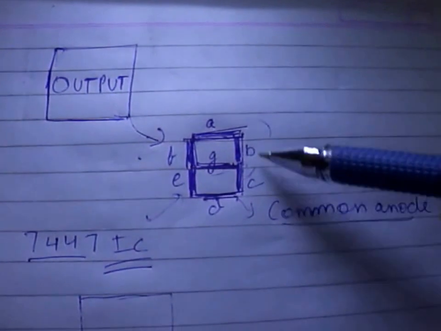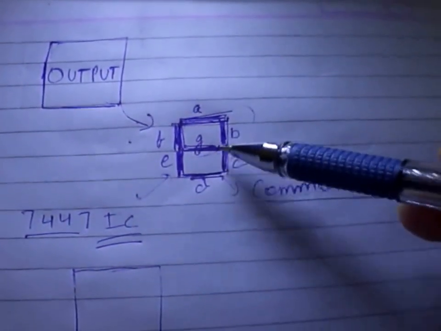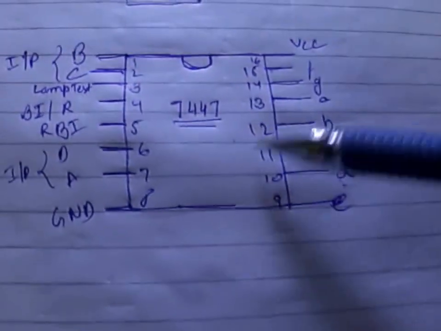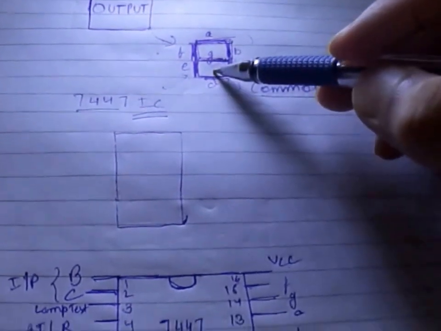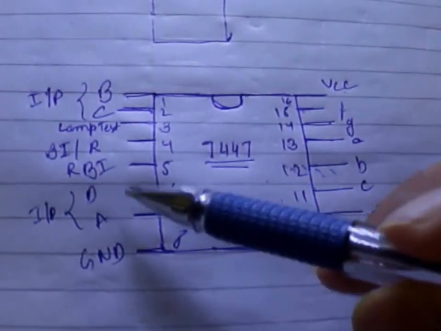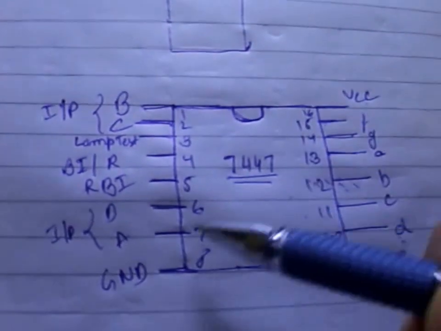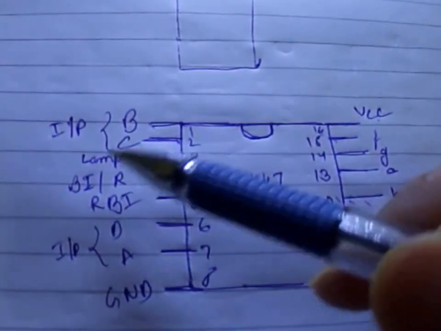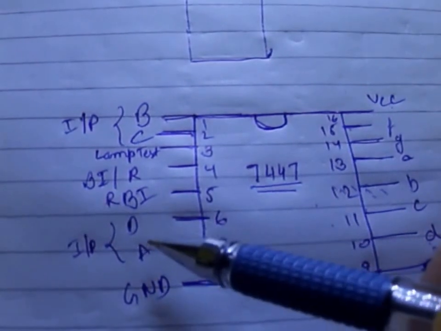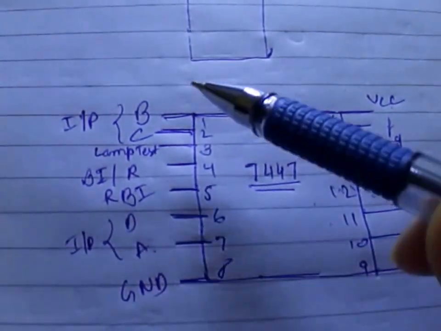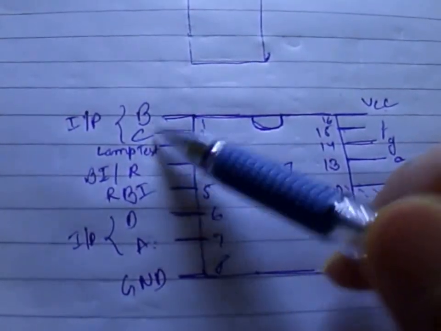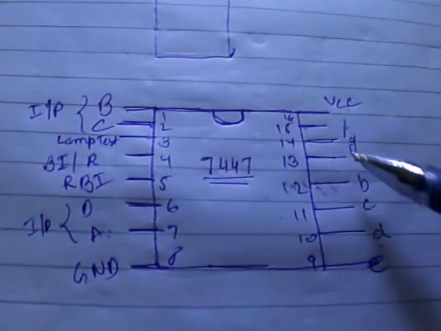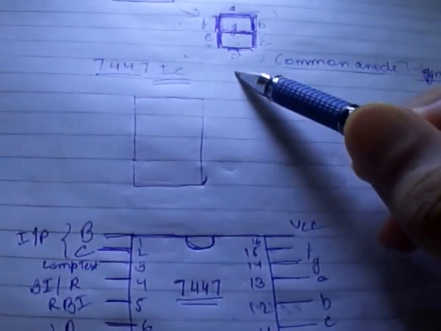This was the common anode 7 segment display, and this is the IC which will be controlling the number which is displayed on it. So we will feed the output of the processor part, that is the 4510, into A, B, C and D. That is, Q1 will go to A, similarly Q2 to B, Q3 to C and Q4 to D, and this will be fed into the 7 segment.